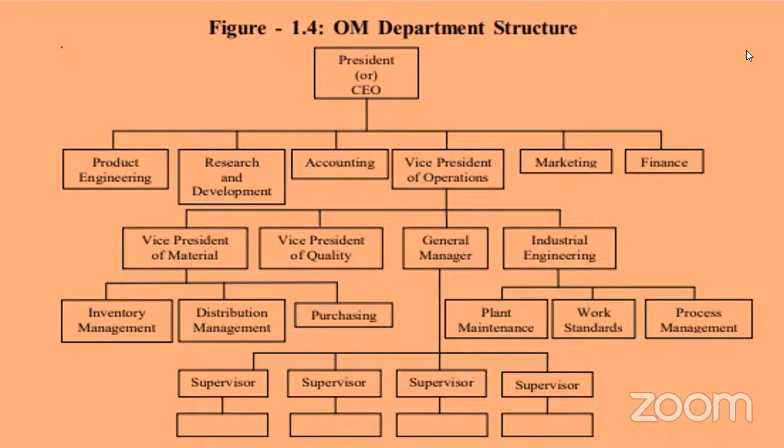If you look at the structure broadly, in management we have three levels. Typically, in any organization, the very top level is the policymakers: the CEO, president, managing directors. They frame policies and think of the vision of the organization, and they do strategic planning; strategies are developed at their level.